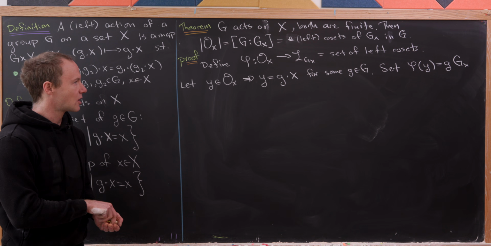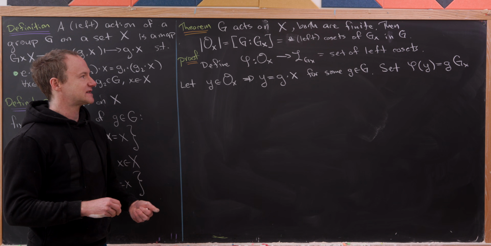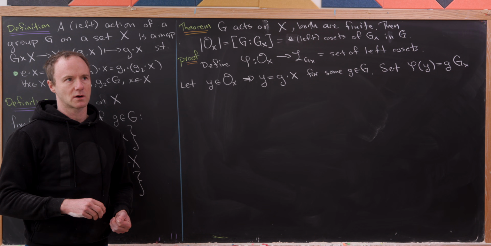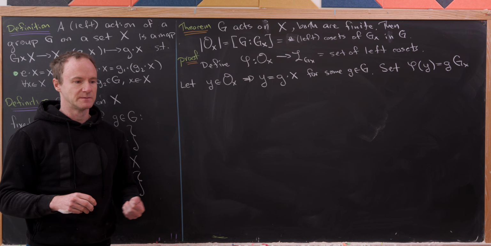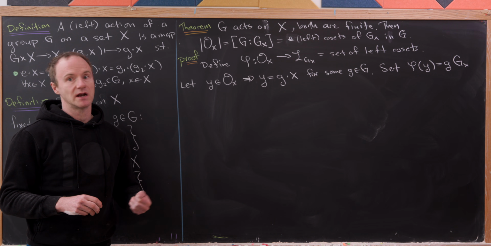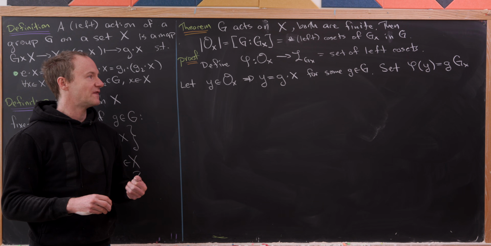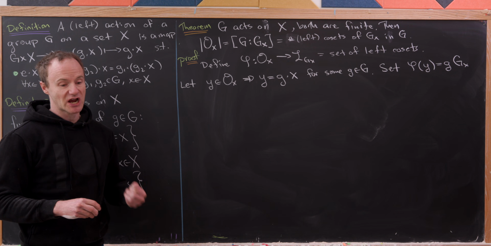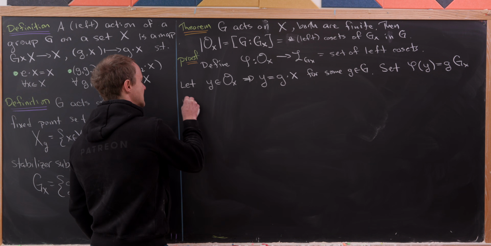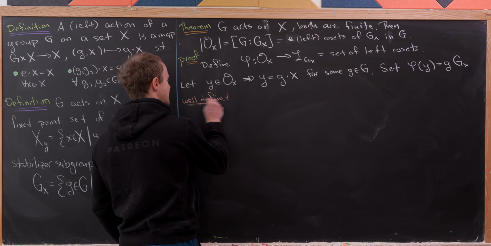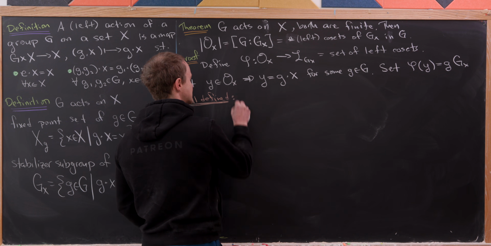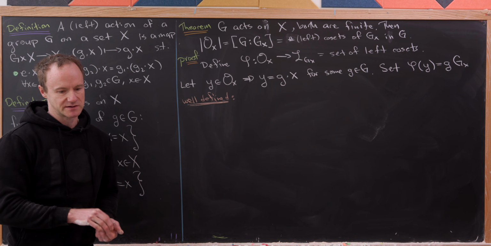Now, let's recall that the set of left cosets all have coset representatives, and those representatives are not unique. So what that means is that we really have to check that this is well defined even to get off the ground. Anytime your codomain is made up of things that don't have unique names, then you have to check something is well defined.